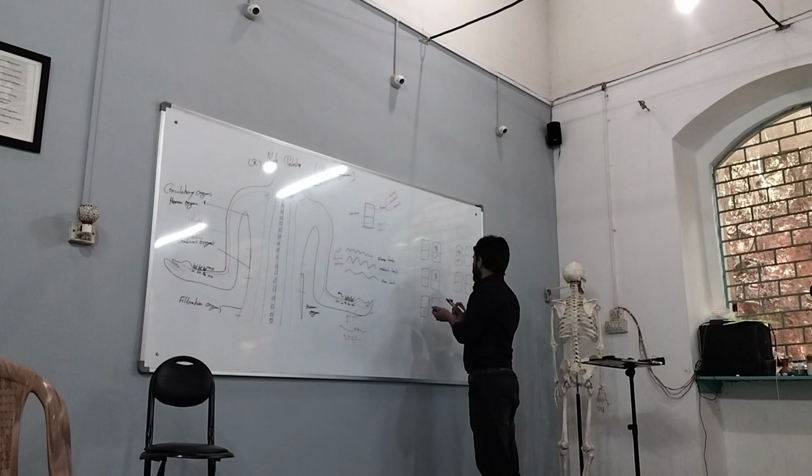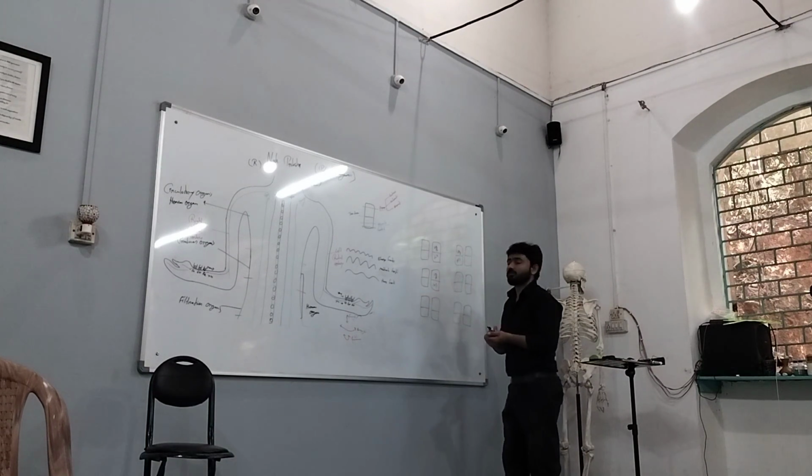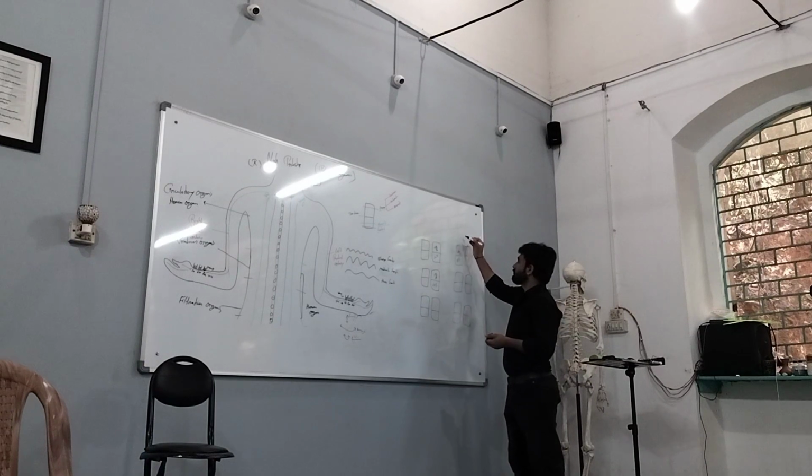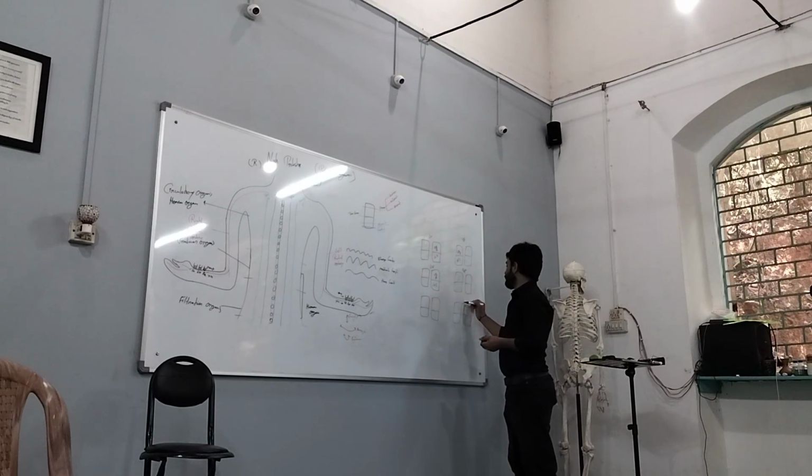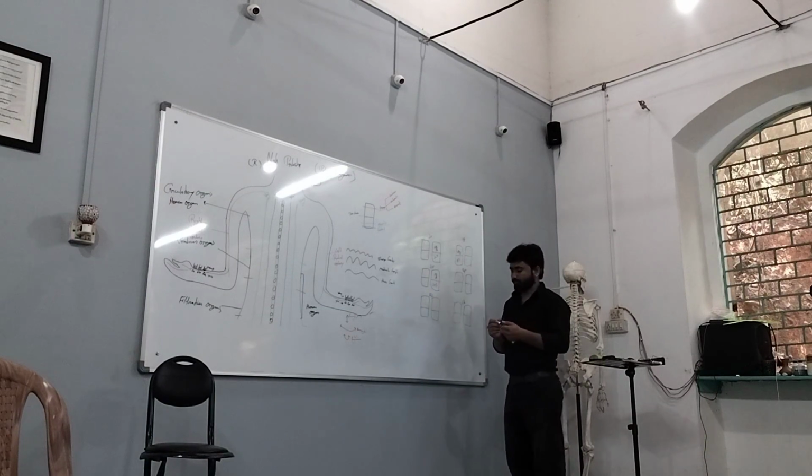UB18 for your liver. This is the heart, this is lungs, liver, spleen, left kidney, right kidney.